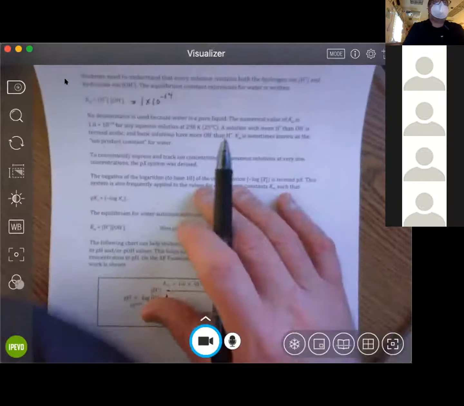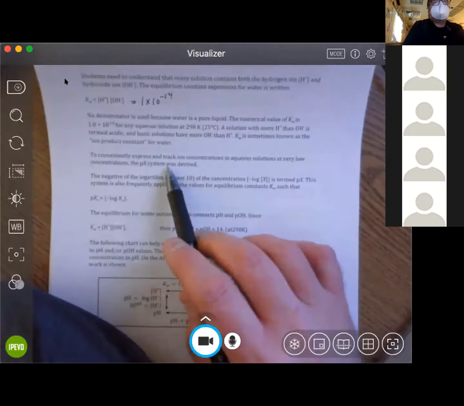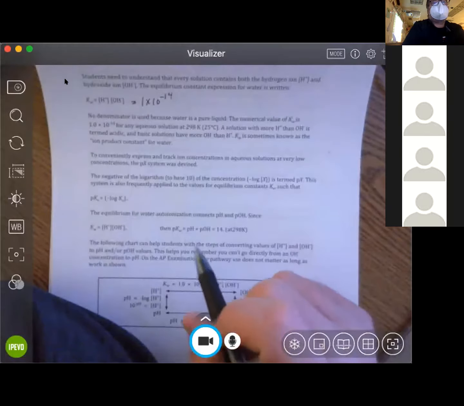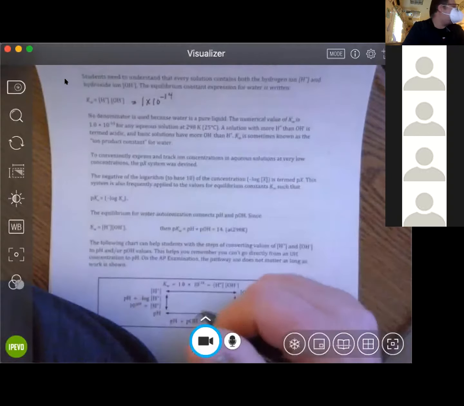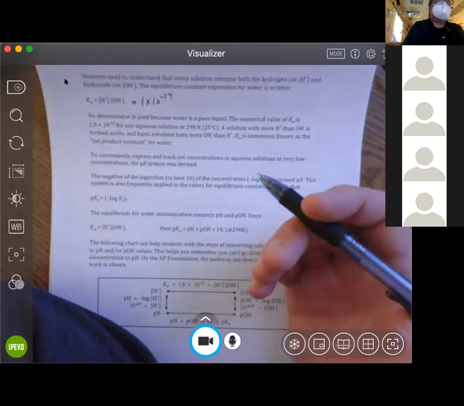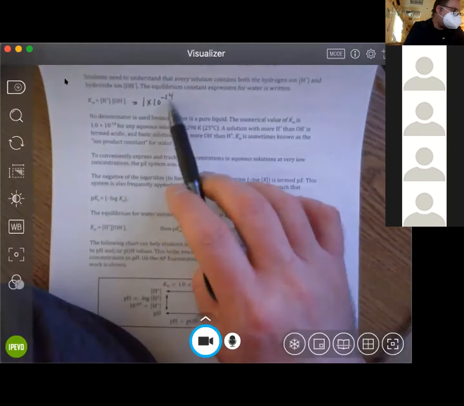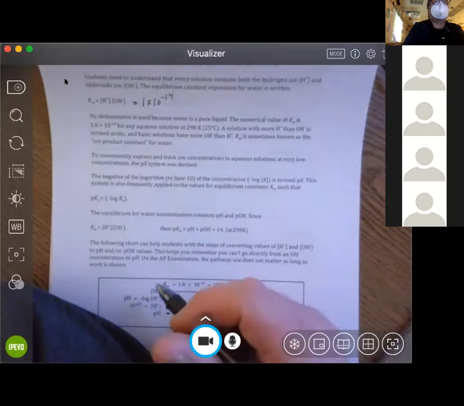We take a look here. I can't remember the scientist's name, but there was a scientist, Soren Sorensen? Yeah, I'll have to look it up. But basically, he was tired of looking at all of these exponent type things.